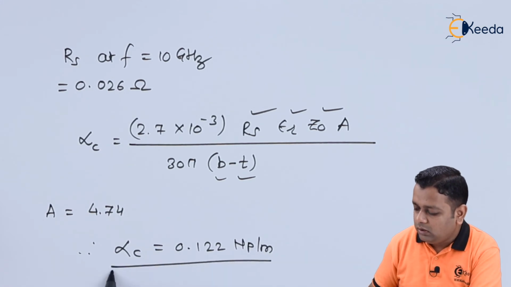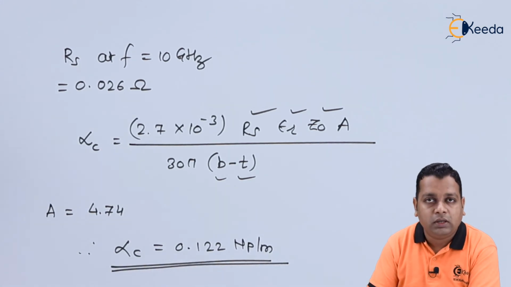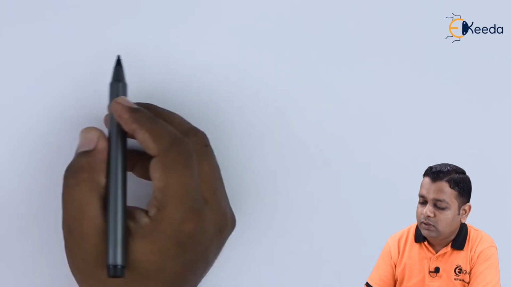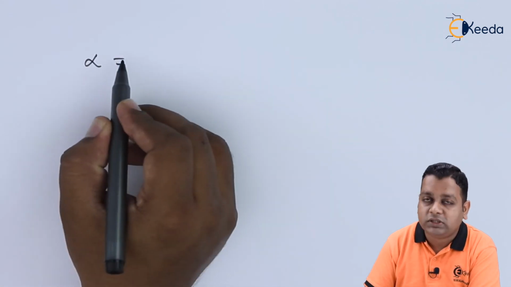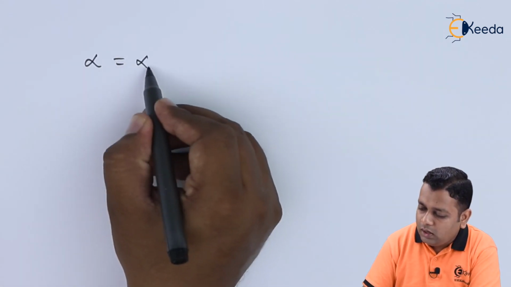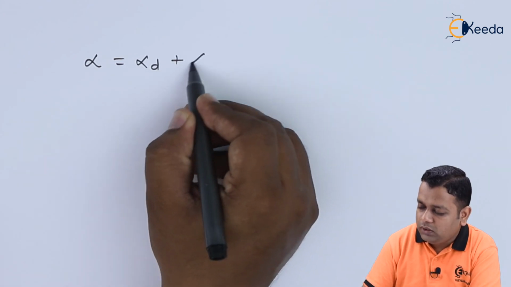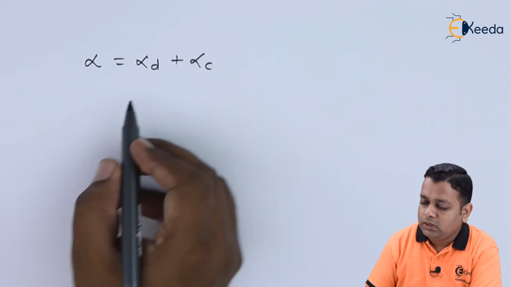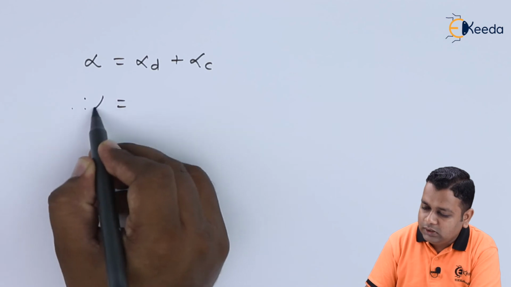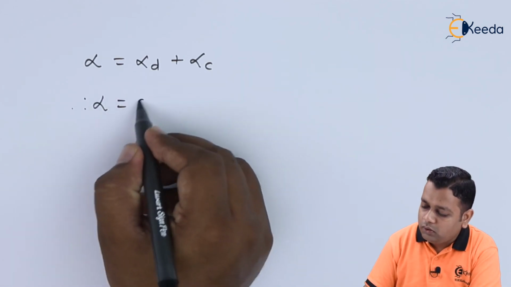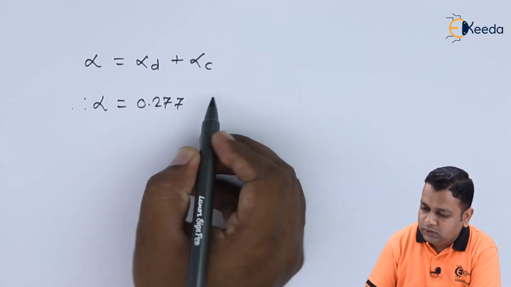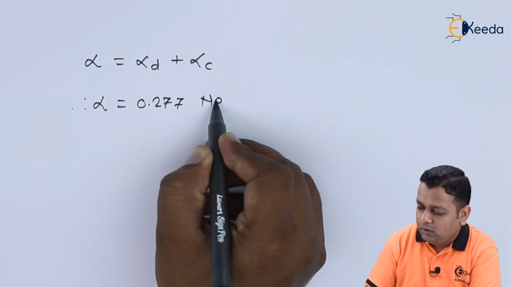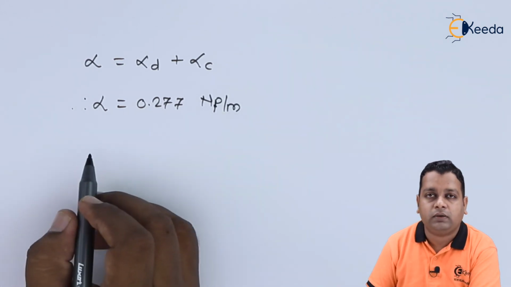So this is the intermediate value of the attenuation, and the other one is for the dielectric. Therefore the total attenuation, denoted by alpha, is the addition of alpha suffix D and alpha suffix C. This addition results in alpha equal to 0.277 Nepers per meter.